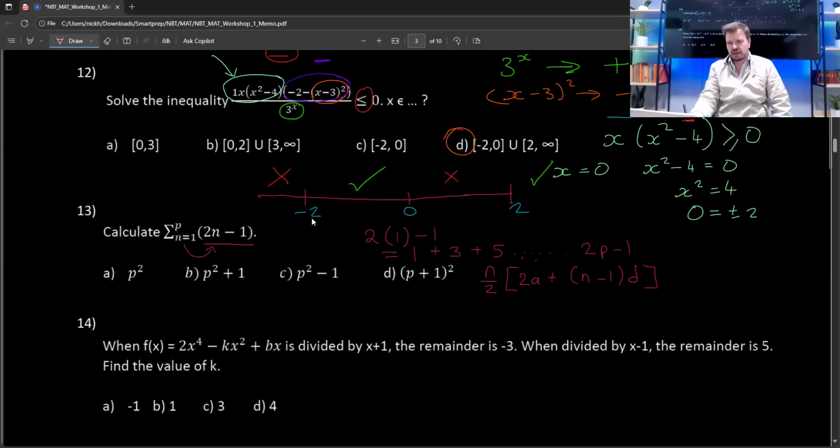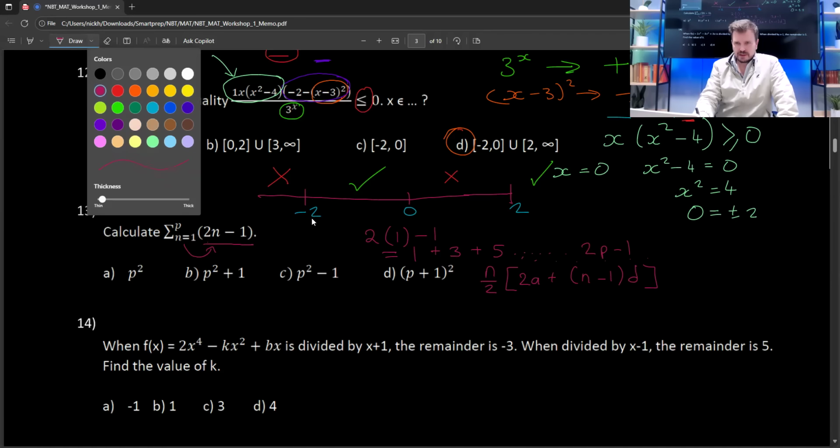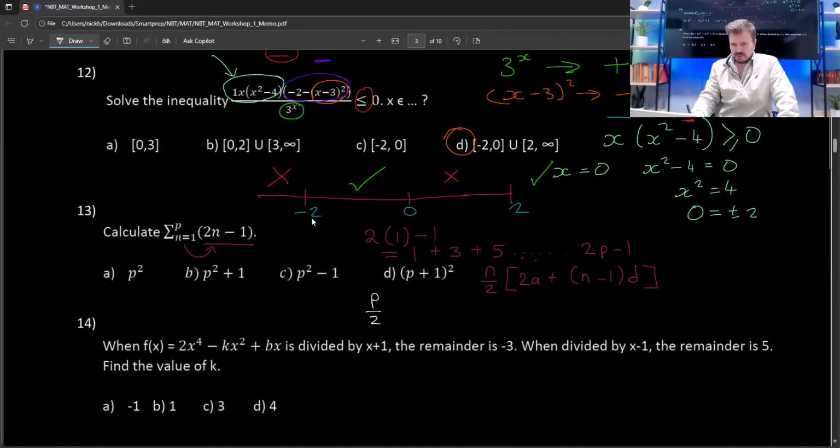This is a formula that you will be given in the sheet, but for a question like this, for the Maths Lit guys, I would say, what's the easiest way to do it? What you would do is replace the n with a P. So you're going to say P over 2.